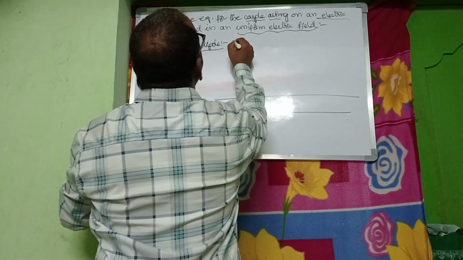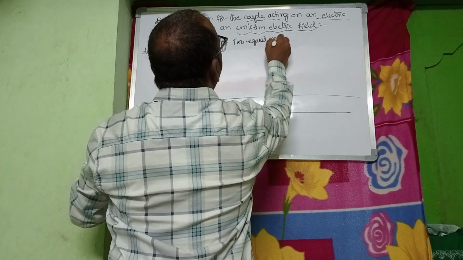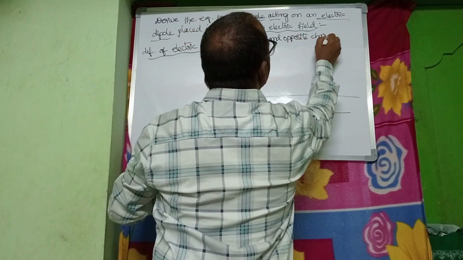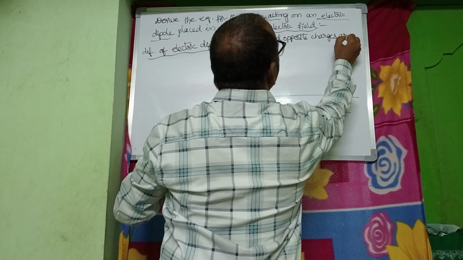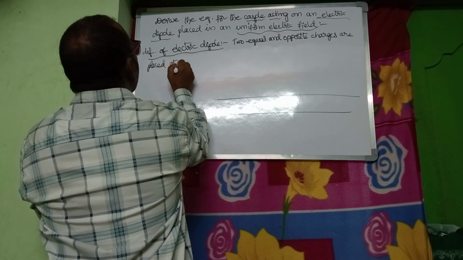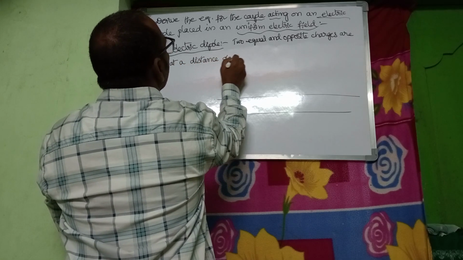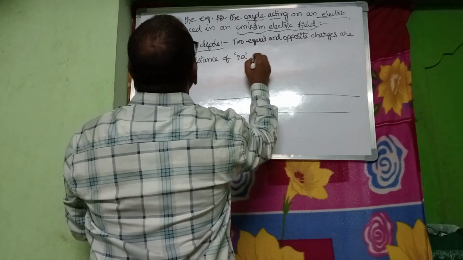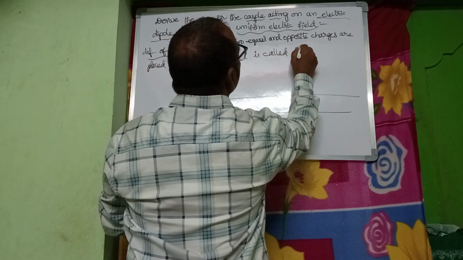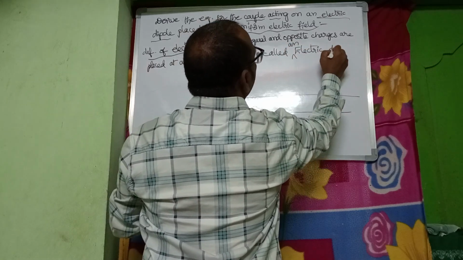So two equal and opposite charges placed at a distance of 2a is called an electric dipole.